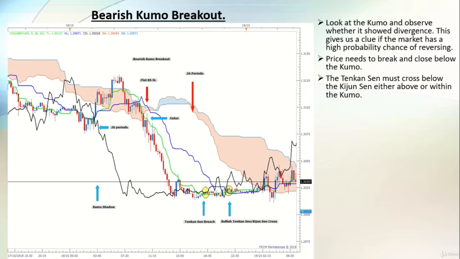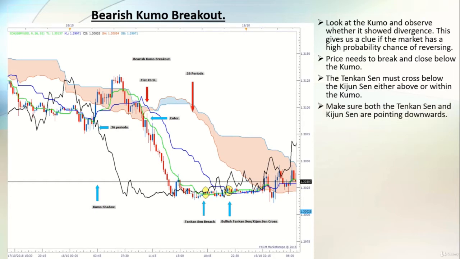In my opinion, this is false because the market can still go down if the Tengen crosses below the Kijun above the Kumo. This is just telling us whether the market is bearish or bullish. So you should use it as a confirmation tool, not as a trading tool.